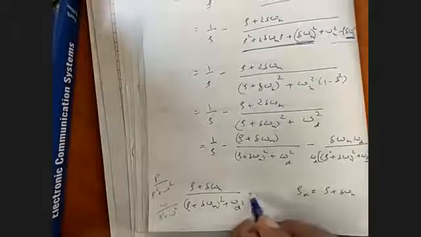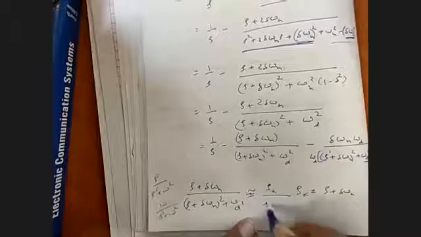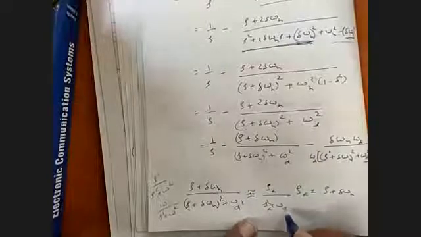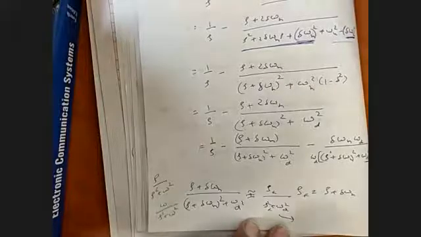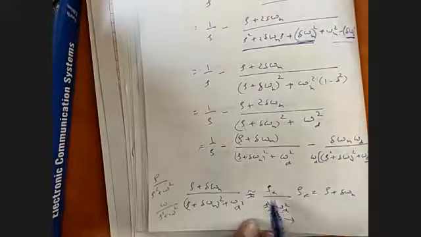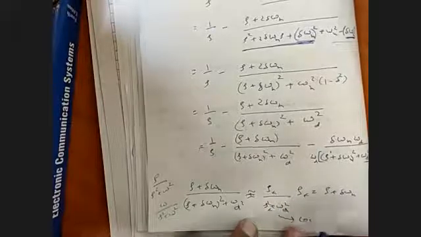So the equivalent term will become s_x upon s_x square plus omega d square. If anyone remembers, this term is s upon s square plus omega d square, so that will become cos omega d t.